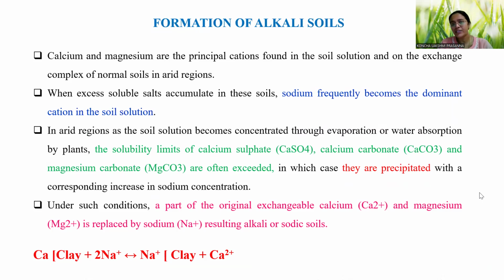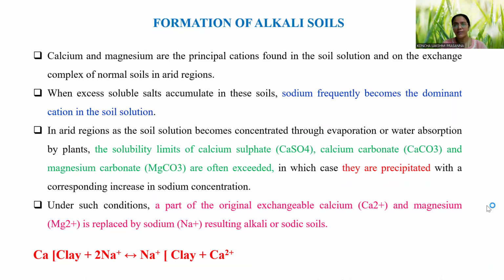In arid conditions, when there is more evaporation or water absorption by the plants, the solubility limits of calcium sulfate, calcium carbonate and magnesium carbonate are exceeded. When they are precipitated, the sodium concentration becomes higher. Under such conditions, some part of calcium and magnesium is replaced by sodium, resulting in the formation of alkali soils or sodic soils.